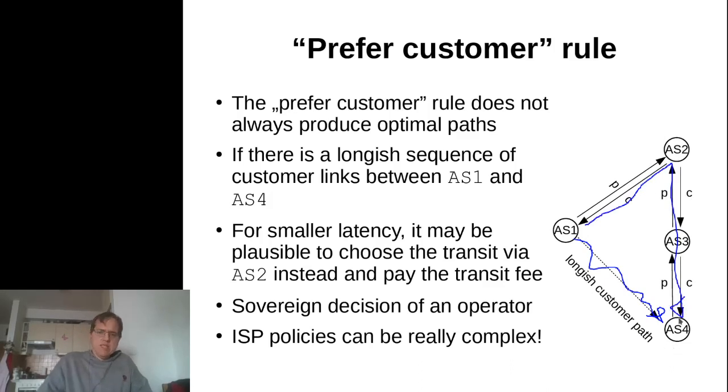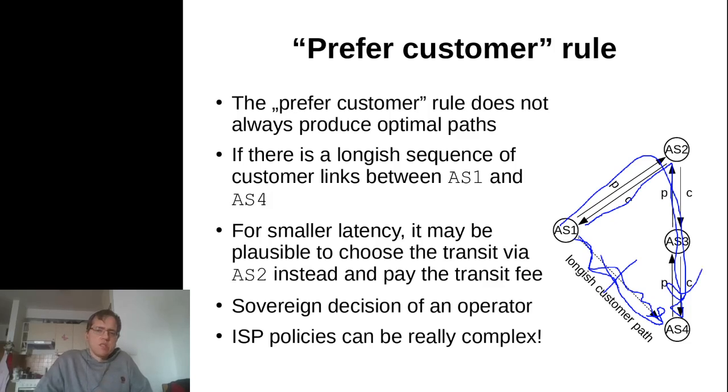In this case, AS1, by the definition of the prefer customer rule, would use this long customer path, but because of its lower quality, it may very well happen that it will refrain from using this particular customer path and will rather go against the prefer customer rule and choose the transit provider to route traffic along that path.